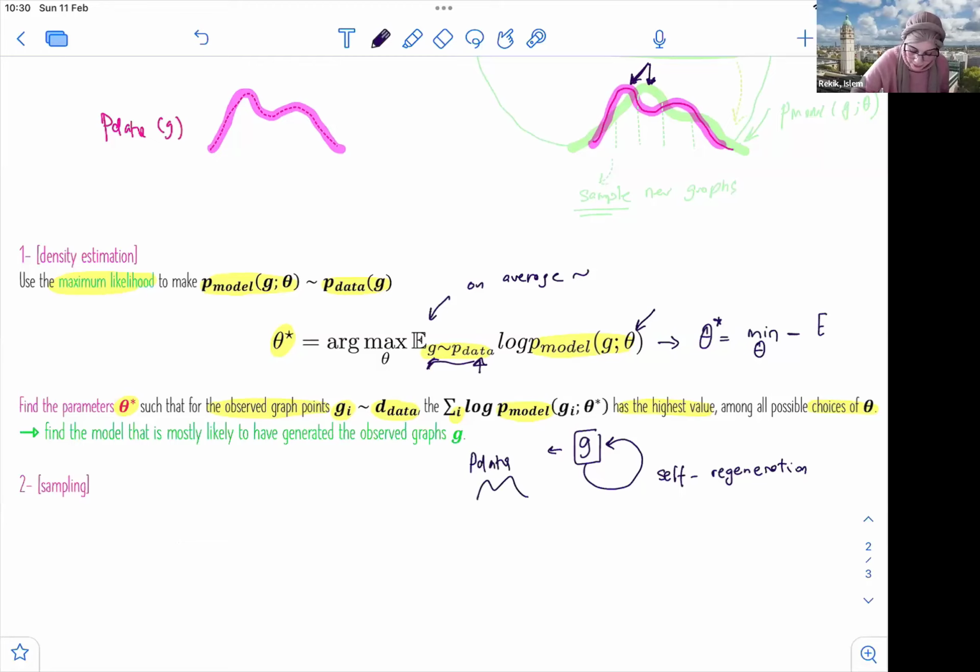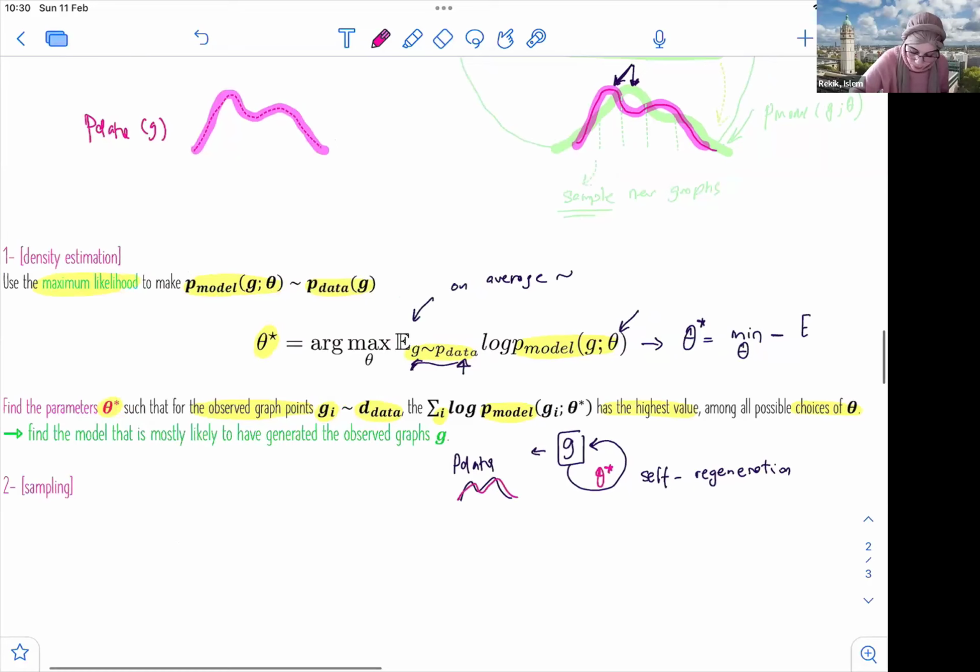And I'm trying to learn the theta star that allows me to create this distribution. Again, it's self-supervision, and this is why we call it self-supervised. Some papers also call it unsupervised, but I prefer the word self-supervised here.